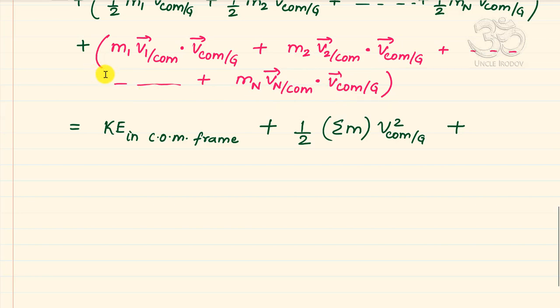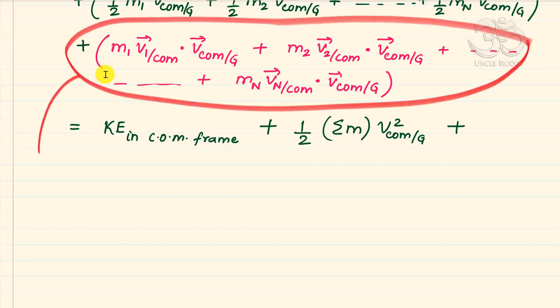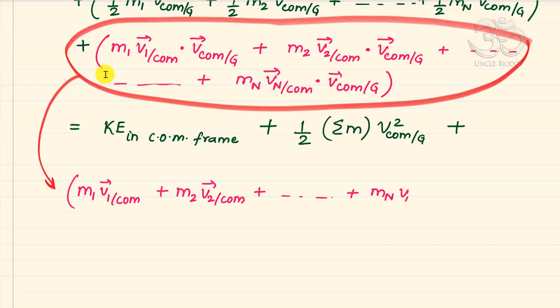So I say that this entire red encircled term looks like m1 v1 with respect to center of mass plus m2 v2 with respect to center of mass plus all that till mn vn with respect to center of mass dot v center of mass with respect to ground.